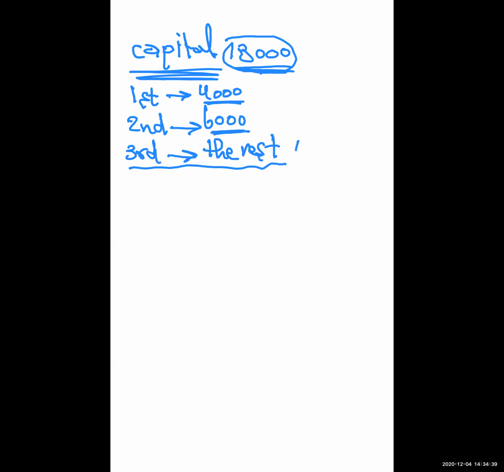So this means 18,000, the total amount, minus 4,000 plus 6,000, because he paid the rest. So the third paid 8,000, because the first two persons paid 10,000 and the remaining amount is 8,000 from the capital. So he paid 8,000. Okay, let's continue.